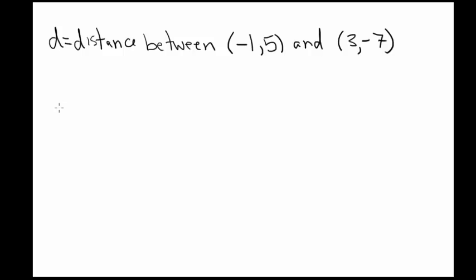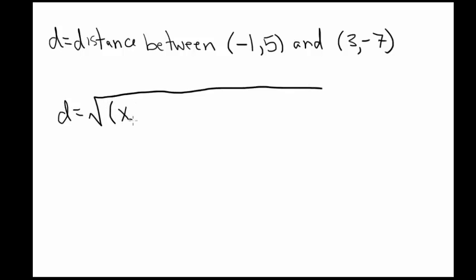Well, the distance formula says that this distance is going to be the square root of x2 minus x1 squared plus y2 minus y1 squared.